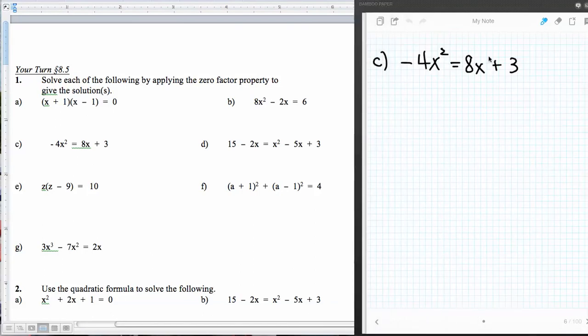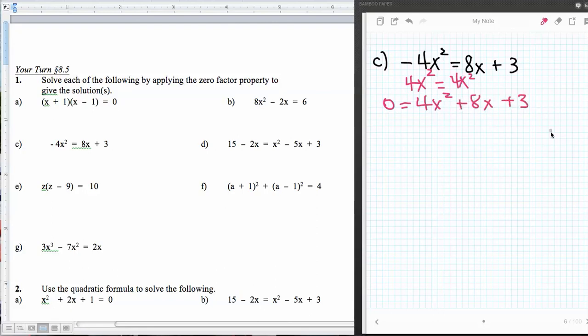Now moving on to my next problem, you see this is a -x squared. I'm going to take that over to the right because we don't want a negative leading coefficient. So I'm going to add 4x squared in here and in here. And so that's going to give me 0 is equal to 4x squared plus 8x plus 3.